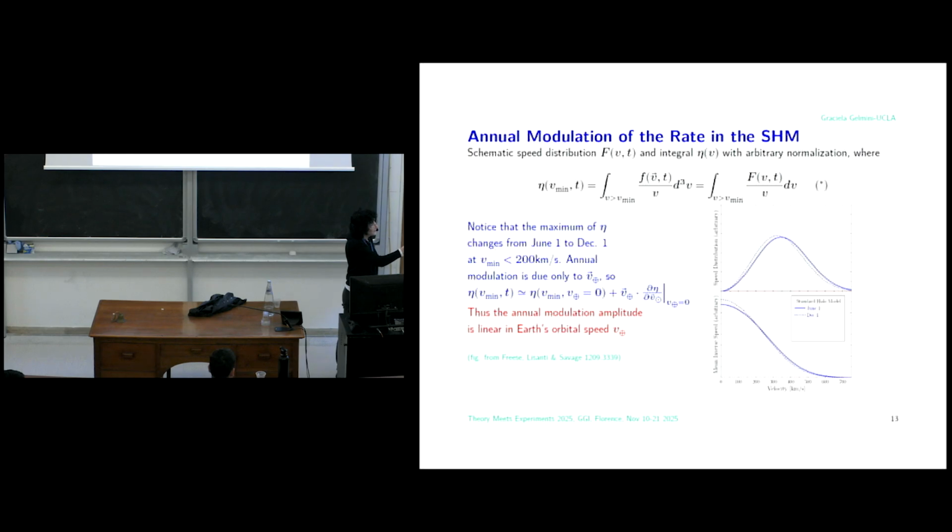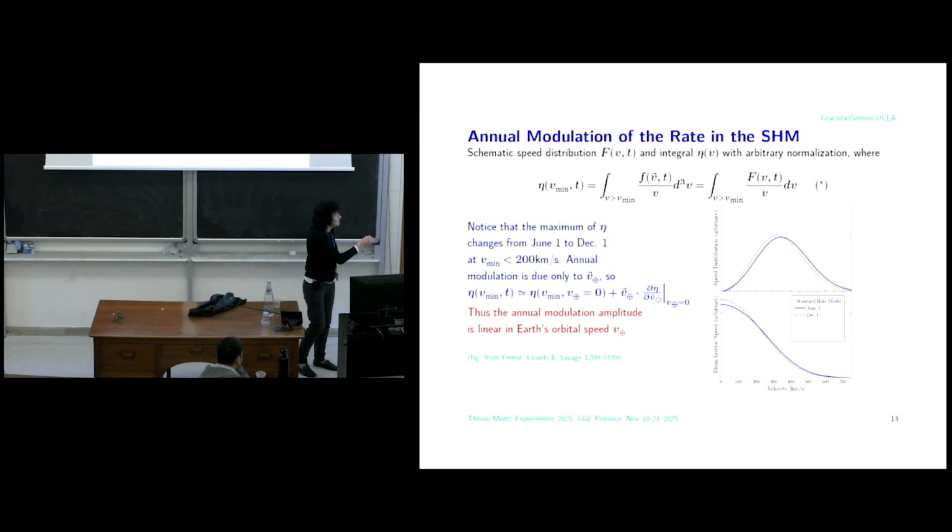But you can see here that on December 1st, at low velocities, the distribution is higher, and above a certain velocity, which is 200 kilometers per second, the opposite is true. And so this is eta. You see that it changes which one is higher.